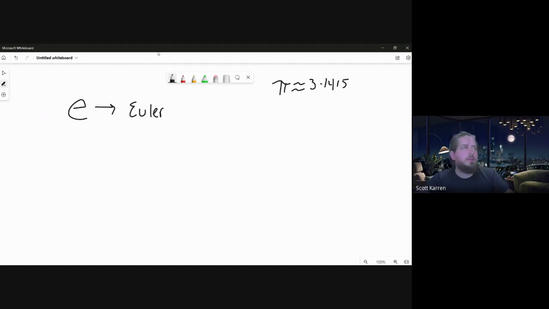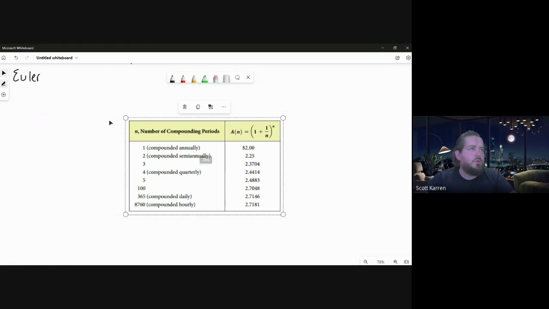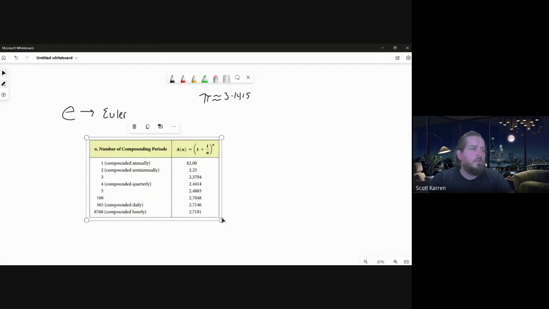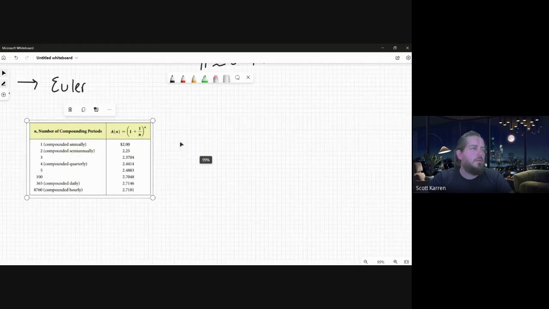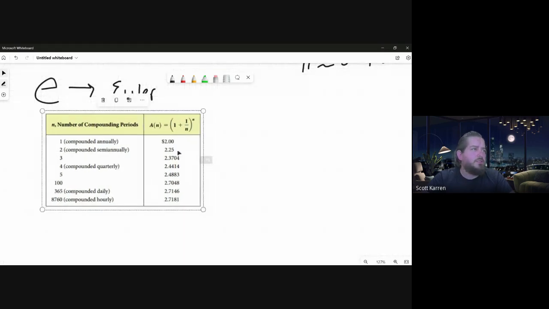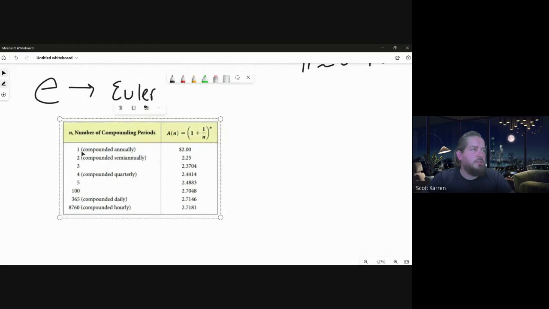And so he worked this out. Just if the principal were $1, just the middle part of that function. And so if you started with $1, right, you compounded annually, you'd end up with $2, right?